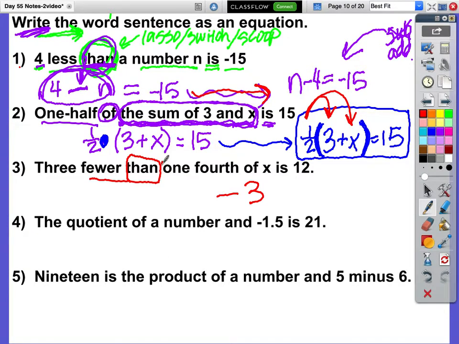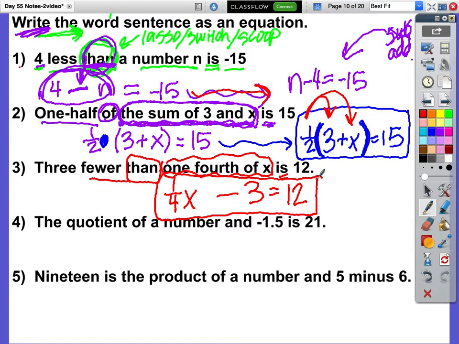Well, 3 fewer than this. 1/4 of means times x. Now remember, 1/4 x is the same as 1/4 of x, or 1/4 times x. Same thing. Is 12. That is your equation right there.